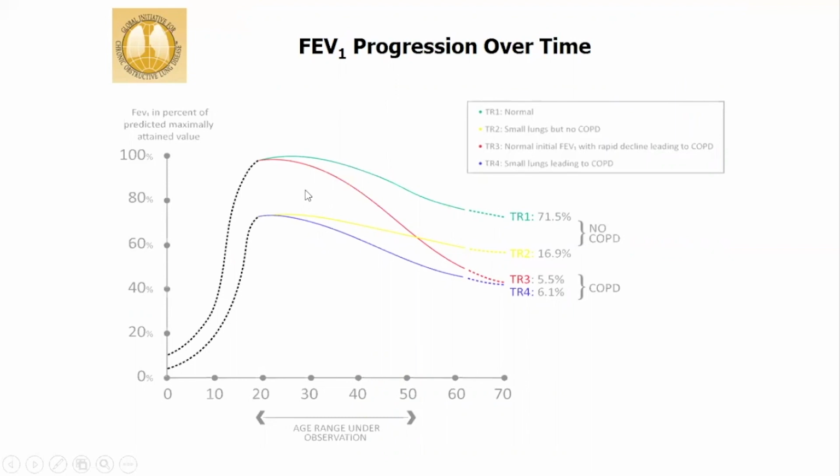Now, normally all of us, as we grow old, our lung function, as represented by this line, normally if we don't have any disease, our lung function would go down as we grow older.